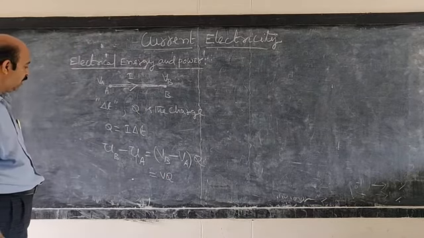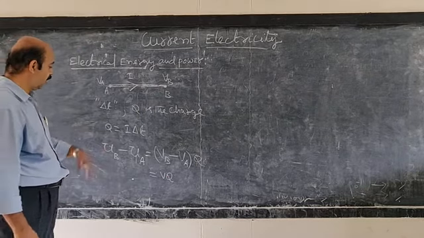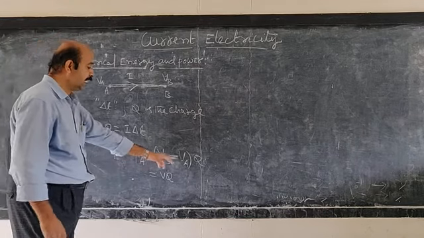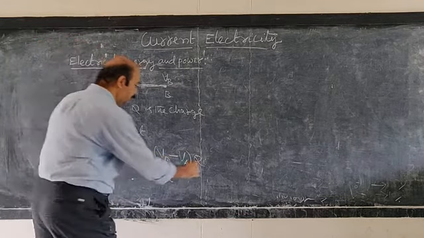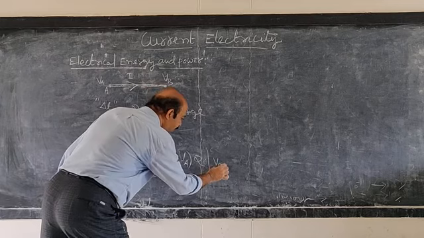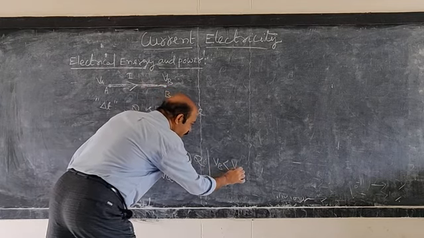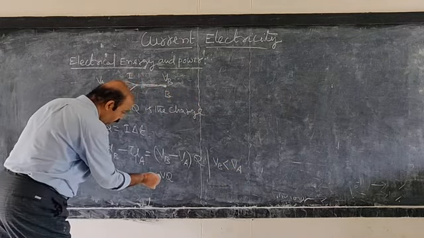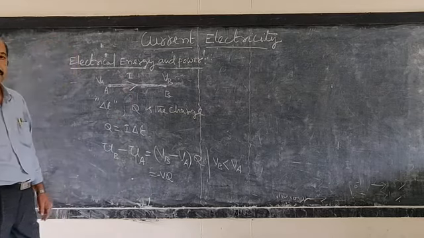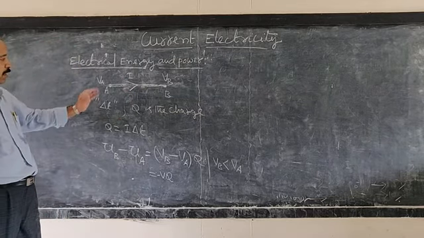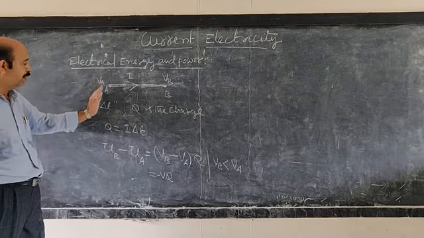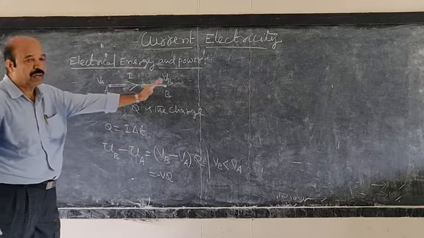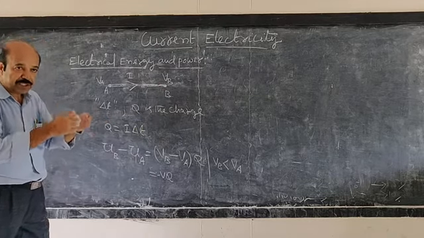But actually the potential at B is less than at A. So we know that VB is less than VA. So we can put a negative sign here, because the charges are moving from higher potential to lower potential, meaning its potential energy decreases.